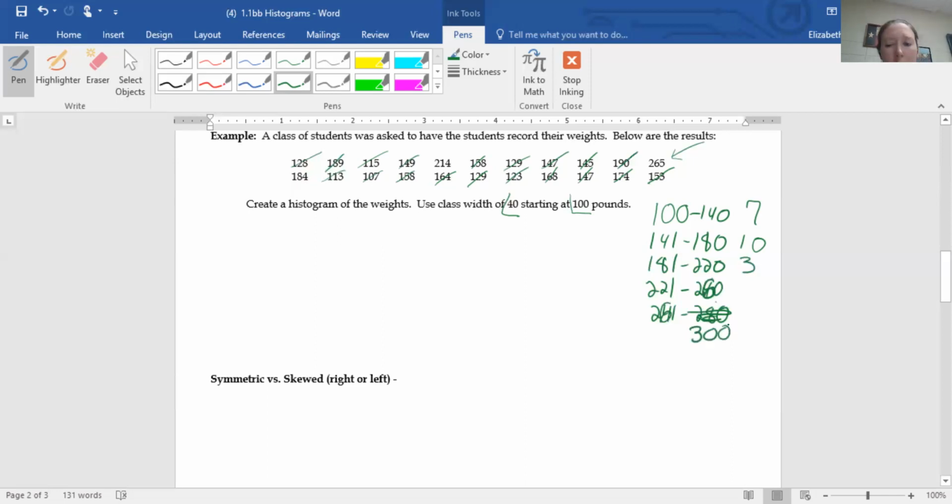Sometimes I can't add 40. All right, so between 221 and 260, I have... okay, folks, I've messed up somewhere, but you get the idea, right? We're going to count which one falls into each category, and then we're going to draw our histogram.